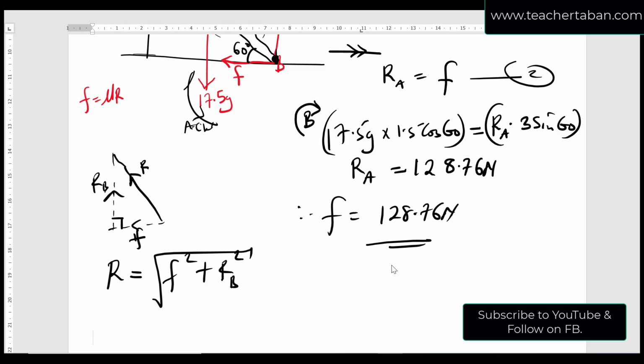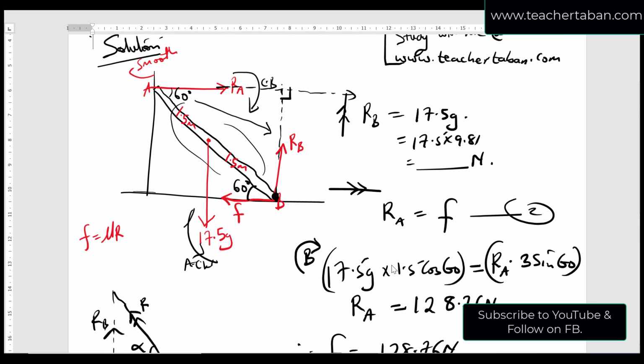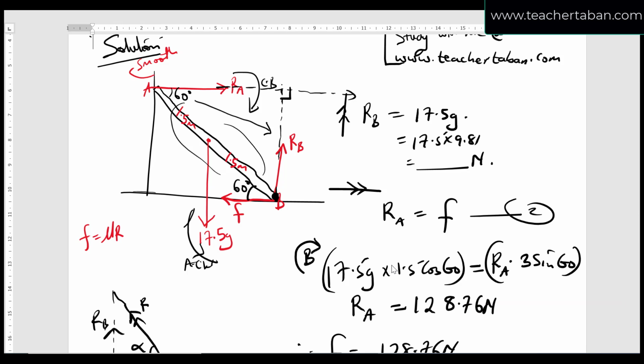So the reaction is at that angle there, and that is our tan alpha. So this is the same as the square root of 128.76 squared plus RB squared, which we got as, we check, 17.5 times 9.81.